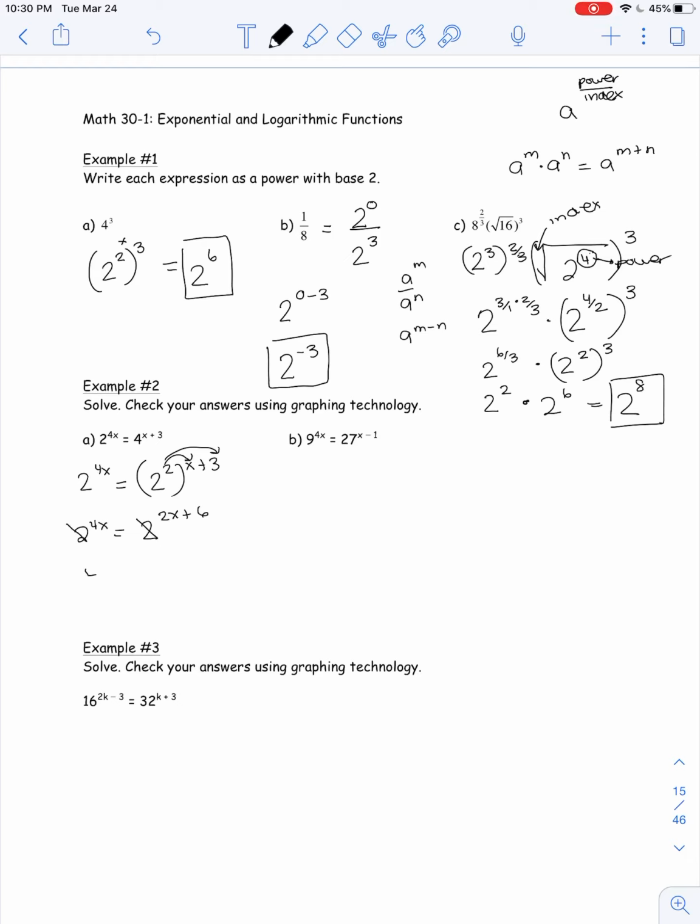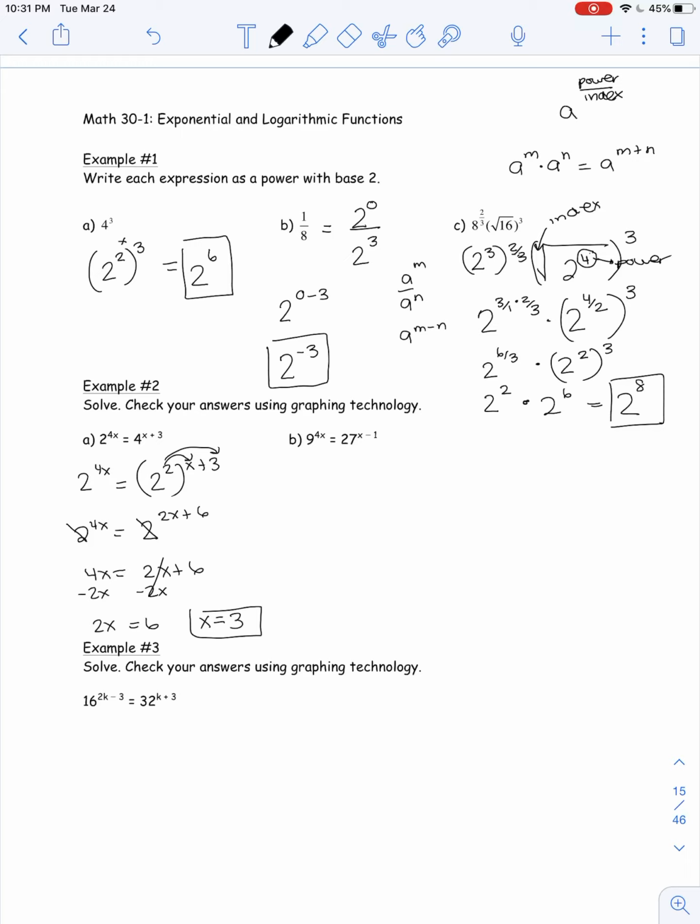Whenever the bases are the same, you can cross them off and make your powers equal to each other. Bring that 2x to the other side by subtracting 2x. So 4x minus 2x is 2x equals 6, and then you divide both sides by 2, which means that x equals 3.